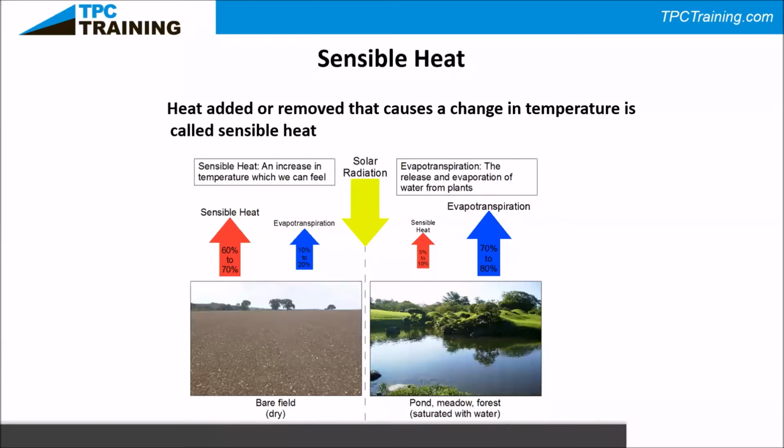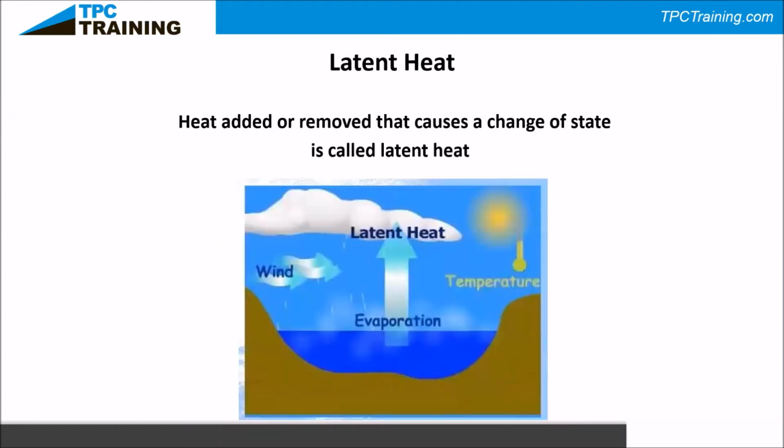The 2 common numbers you're going to learn in school are 32 and 212 degrees Fahrenheit. When we get to those temperatures, we're no longer using sensible heat. At 32 or 212, we are using latent heat exchange. It's heat added to cause the change of state.